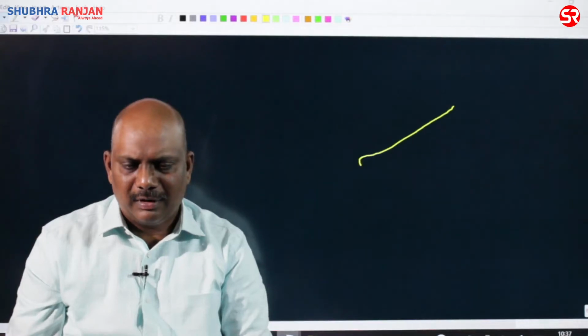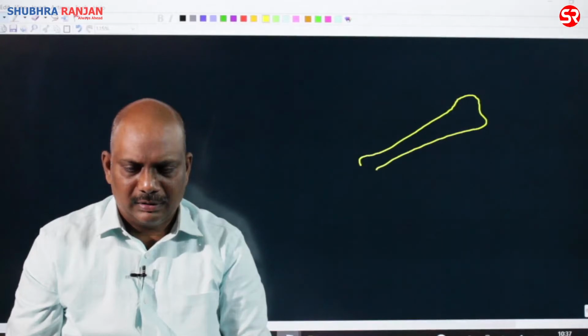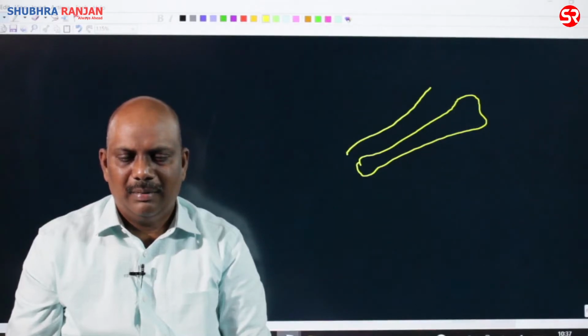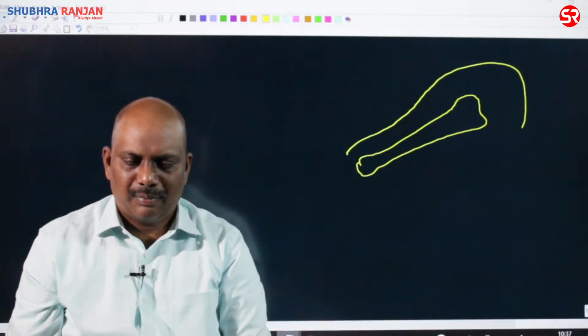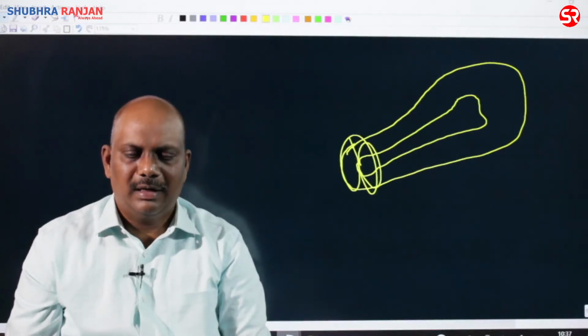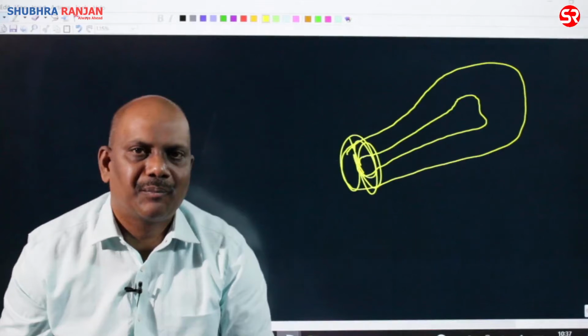If you order a tandoori chicken, they'll give you a leg piece. This is a bone, and the meat will be wrapped here and they'll give it to you so you can hold and eat.